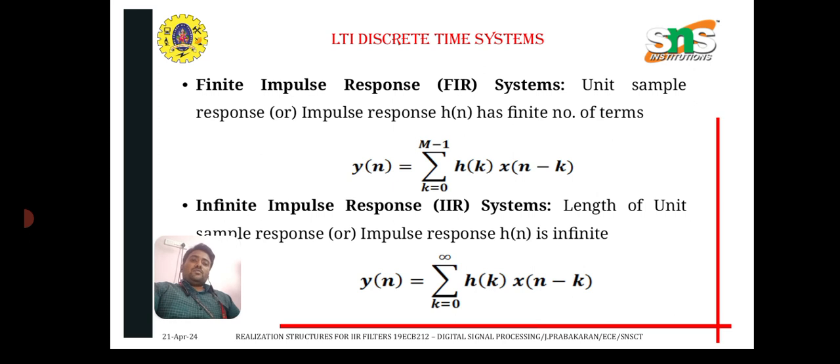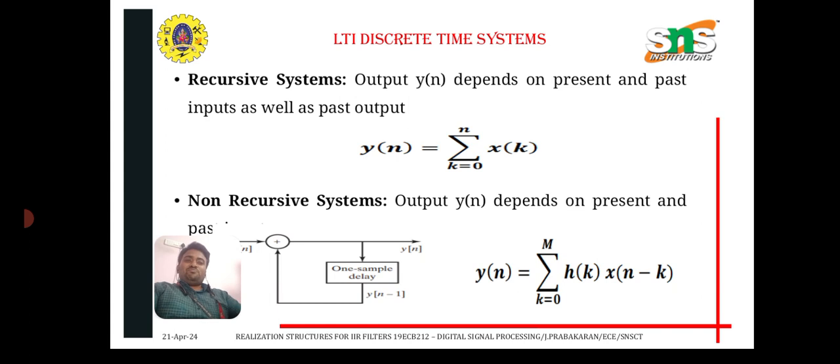And we know what FIR systems and IIR systems are. Once again, I tell you, if the unit sample response or impulse response h of n has a finite number of terms, this is called an FIR system. An IIR system means the length of the unit sample response or impulse response is infinite.